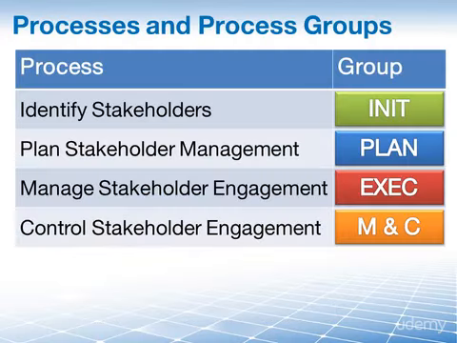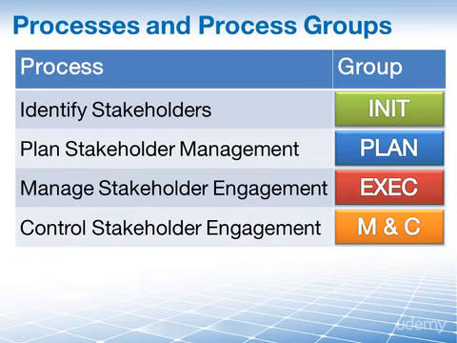And at this point in our presentation, you may be asking yourself, now wait a minute, we just did the review. Why are we going back to this slide here, our overview of the processes and the process groups? Because we just finished control stakeholder engagement. That's the final process here in this knowledge area. Well, I was thinking to myself, this is not balanced well enough because we have one process only in 4 of our 5 process groups.